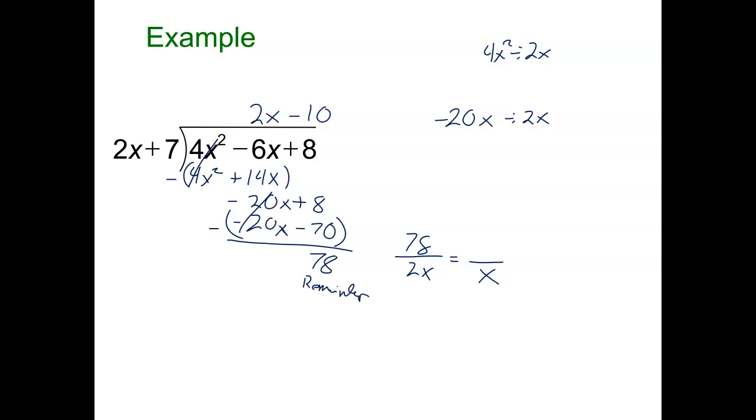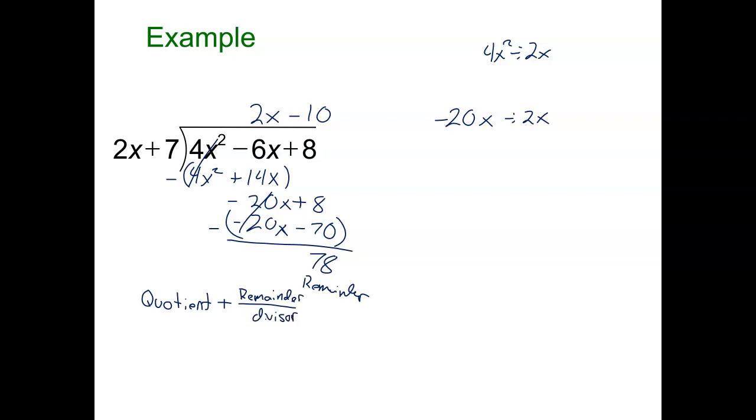Okay? That's my remainder. I can't do that division and get a rational outcome. So that's my remainder. Here's how we write it, in this format, similar to our mixed numbers. Mixed numbers are quotient plus remainder over divisor.